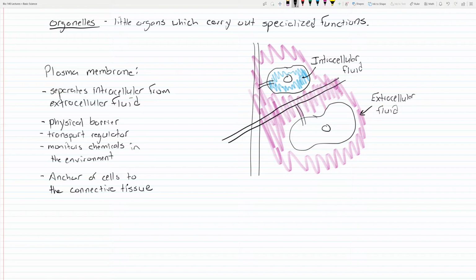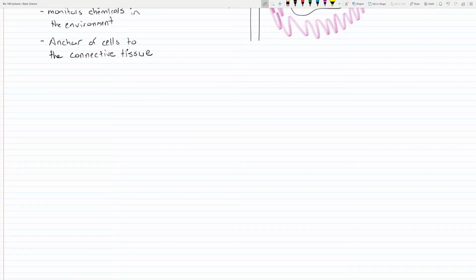Right? So let's take a look at the general structure of the plasma membrane itself. To start, the structure: it is a phospholipid bilayer. That is the first thing and the most important thing right there.